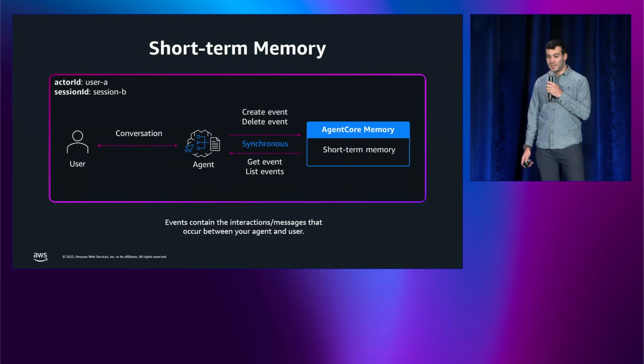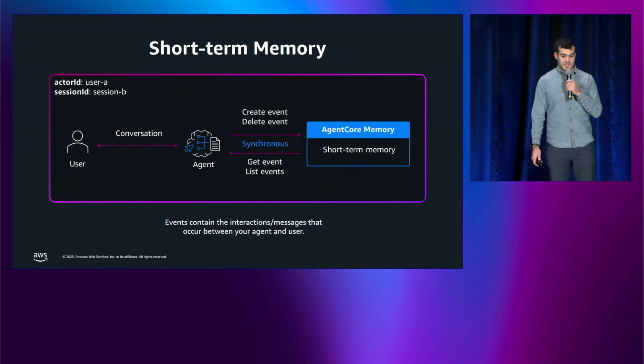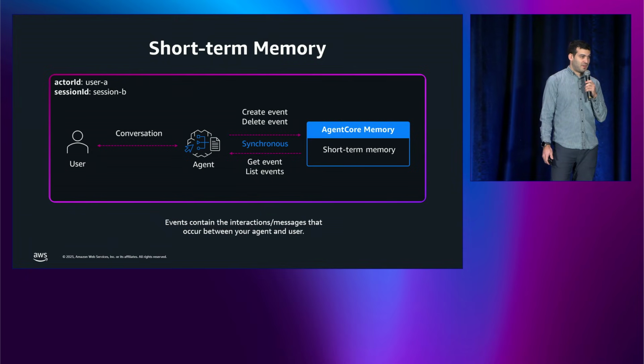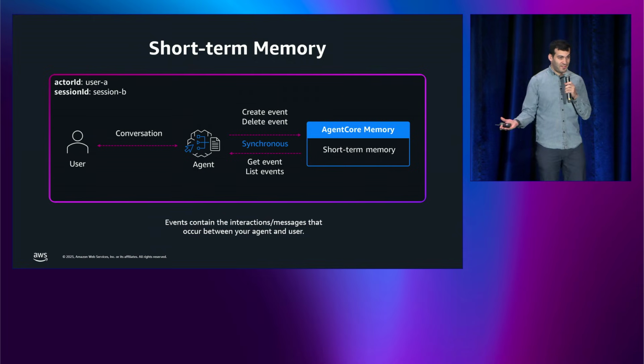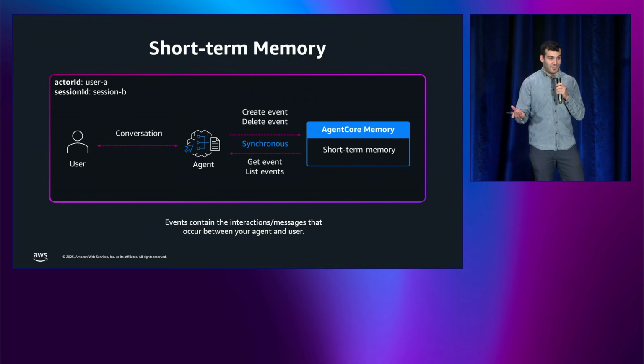So let's start by looking at how short-term memory works. In short-term memory, your agent interactions are captured and sent to the memory resource in the form of events. Events contain an actor ID, so who this is, or maybe who it is combined with what the agent is, and a session ID, which is generally your specific interaction.